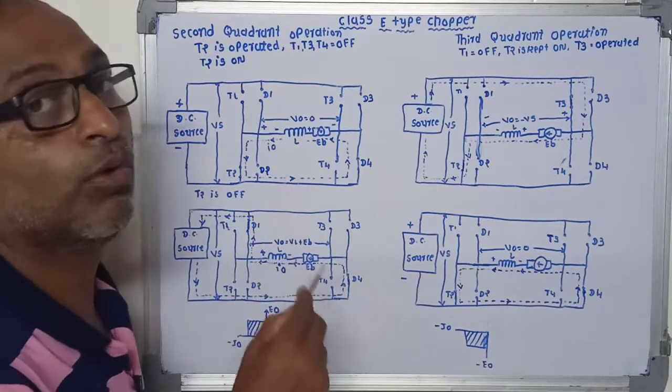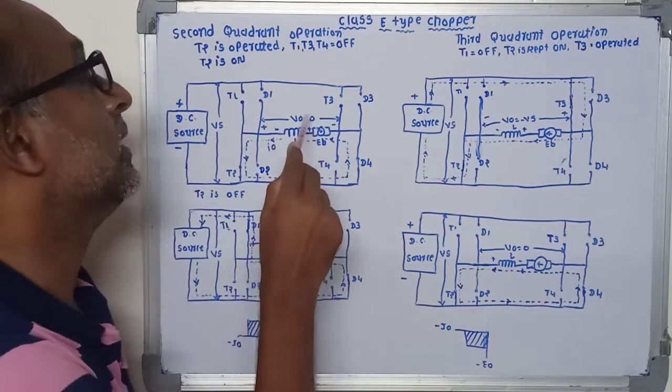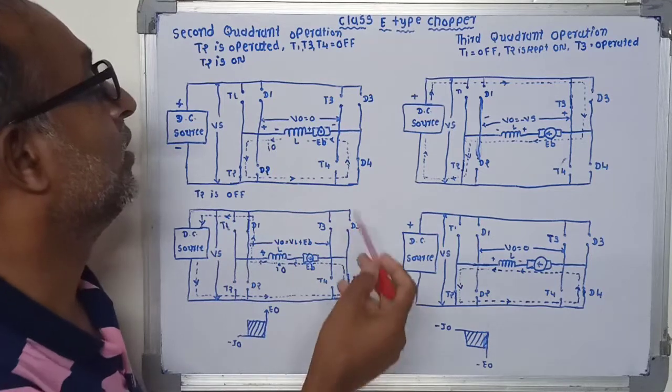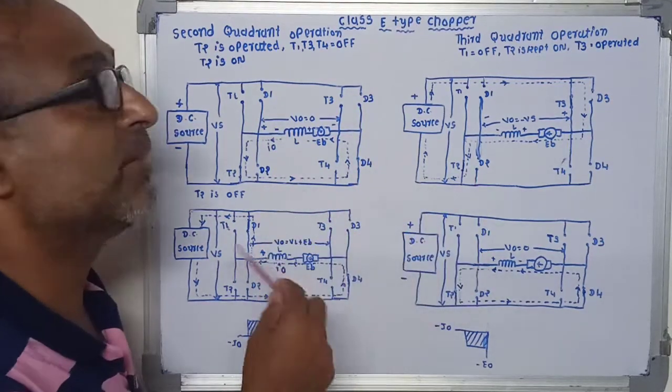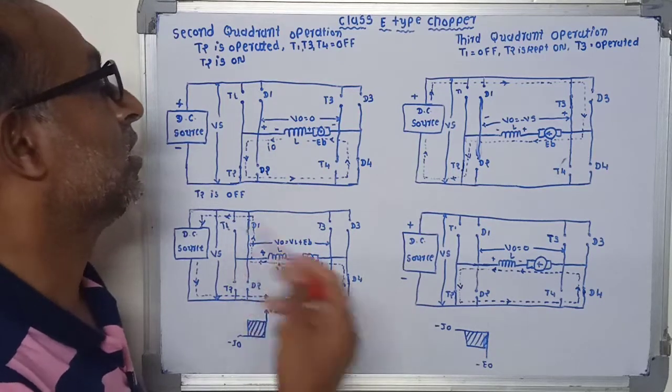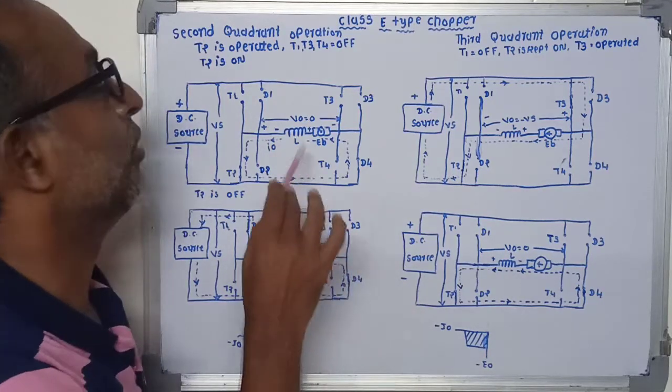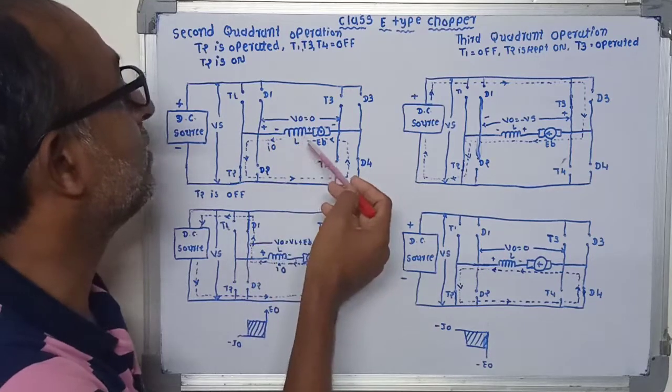Here the output voltage across the load will be 0. You can see that the current flows from right side to left side. That means it is in reverse condition. So it is most important: output voltage is 0 and current is negative.